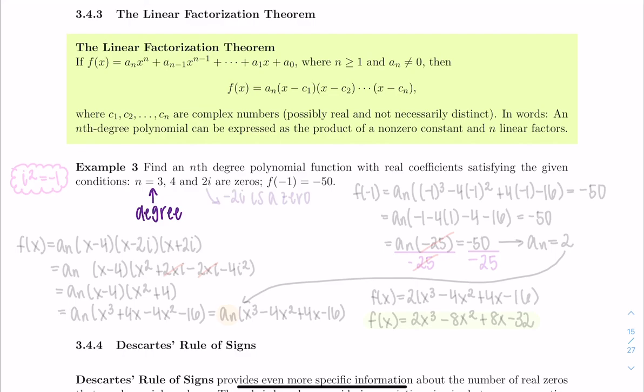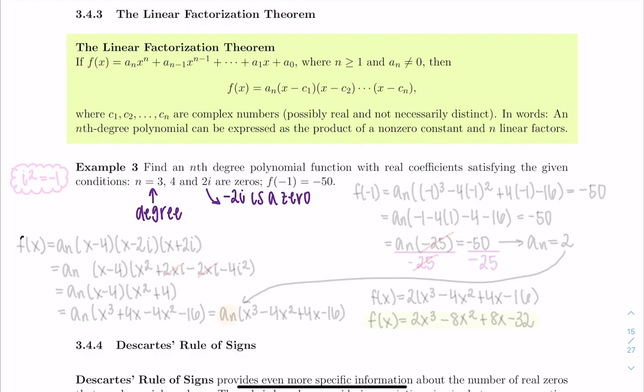If 2i is a 0, we know that they come in pairs. So negative 2i is also a 0. And so we can set this up using the above theorem.